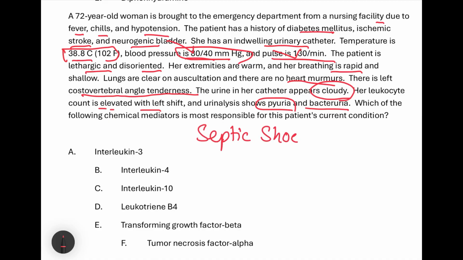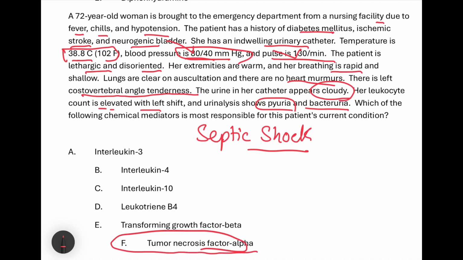it is suggestive of septic shock. Early sepsis is characterized by peripheral vasodilation and compensatory increase in cardiac output with warm extremities. Numerous cytokines are released in sepsis, resulting in widespread systemic inflammation. One of the most important mediators of sepsis is tumor necrosis factor alpha.